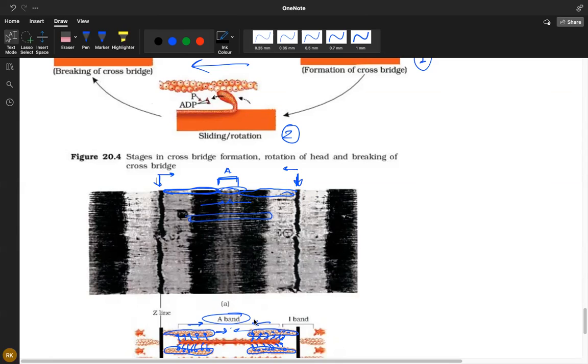Is it clear? Yes. If you hold onto something, let's say you are holding the door and I'm holding you and I try to pull you, then you will create a pull on the door. Correct? And the region between two Z lines is known as?